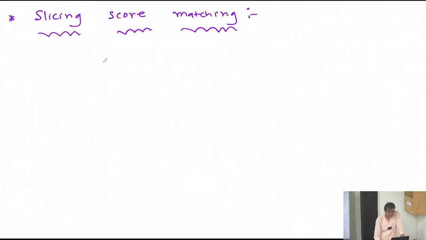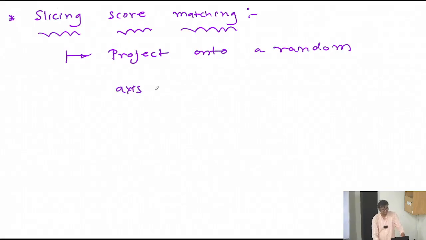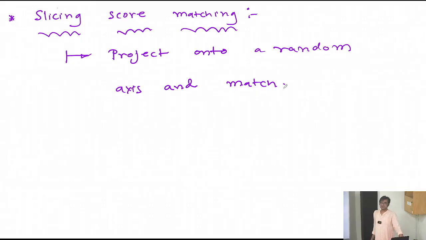The idea is to project onto a random axis. So it is like 1D, and match, right?